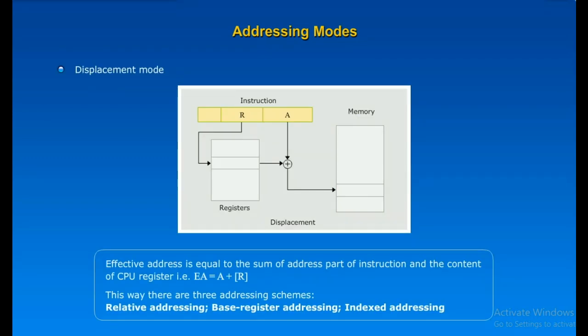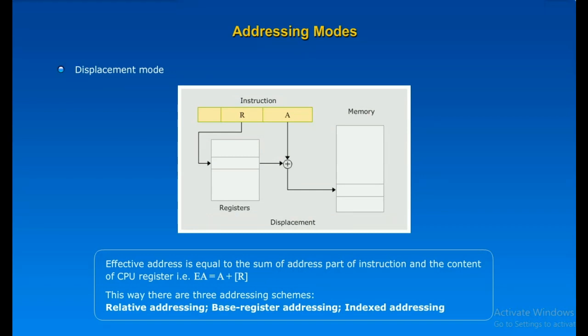Next is displacement addressing. This method combines the capabilities of direct addressing and register indirect addressing. The effective address is obtained by the following computation. Effective address is equal to the sum of the address part of the instruction and the content of a CPU register. That is, EA is equal to A plus [R].